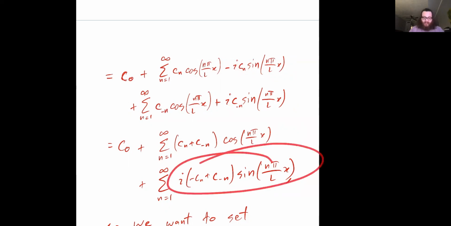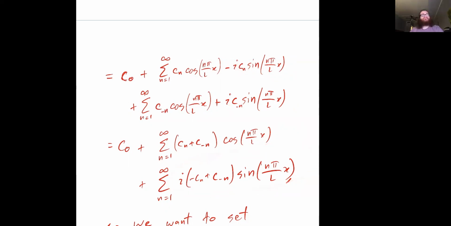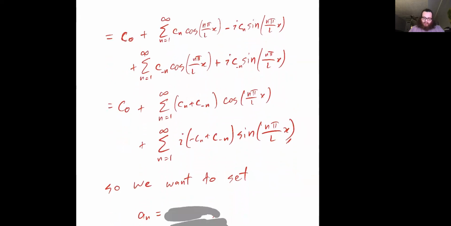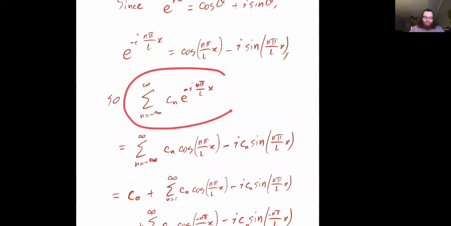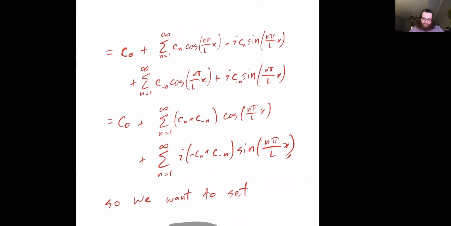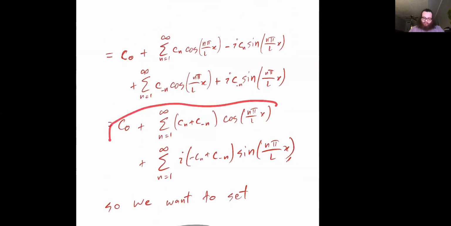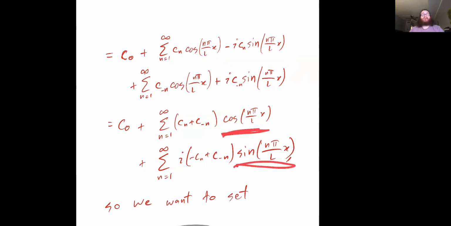And that's exactly what we have here. Okay, cool. So what we've done is we've taken this complex exponential sum and written it in a way where we've isolated the cosine pieces and the sine pieces.